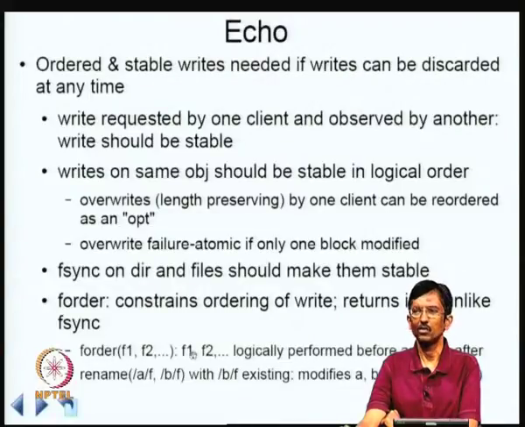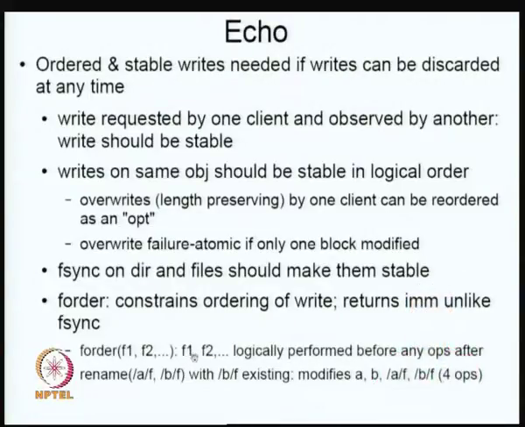And this also will tell you, if it is logically performed, that means if it has to be made stable, in which order it has to be done. Now, you can use both F order and fsync, and fsync will be a heavy handed approach.